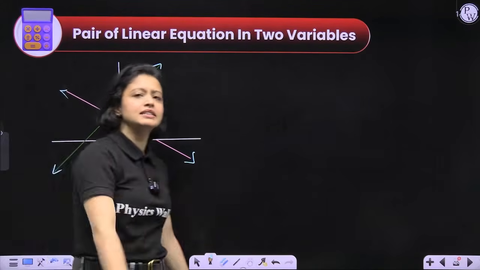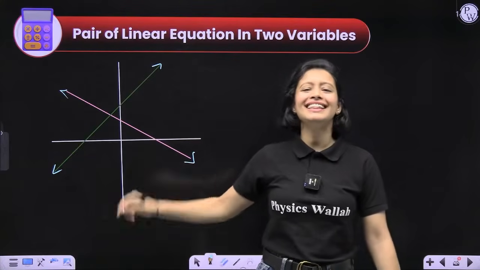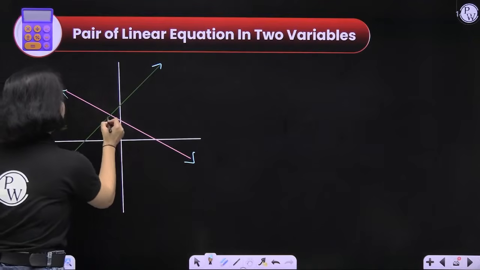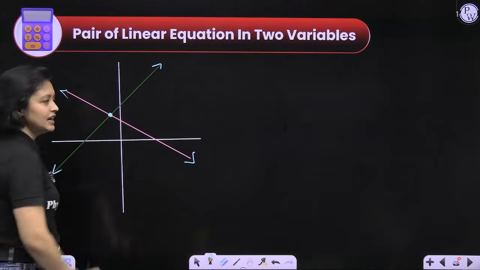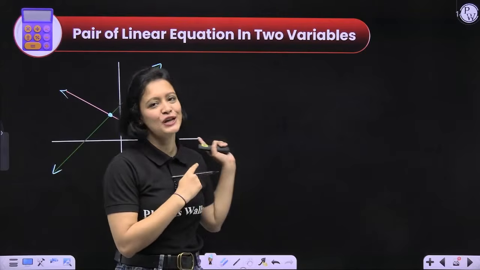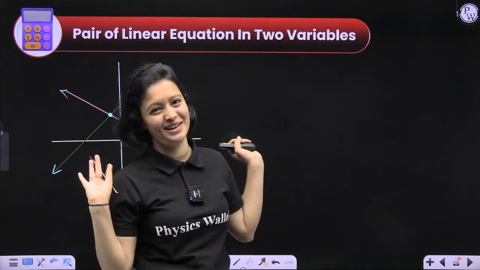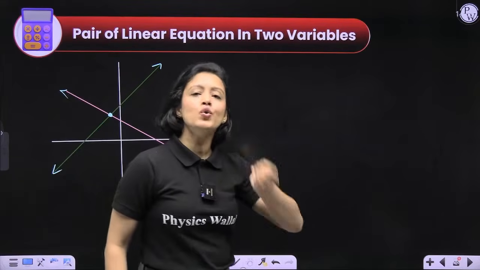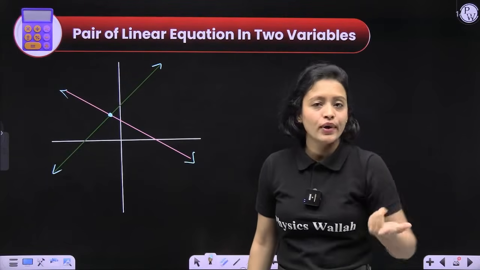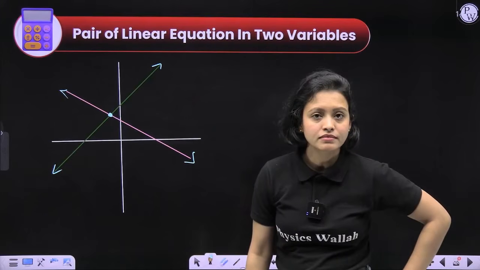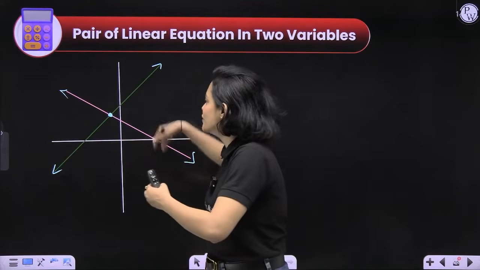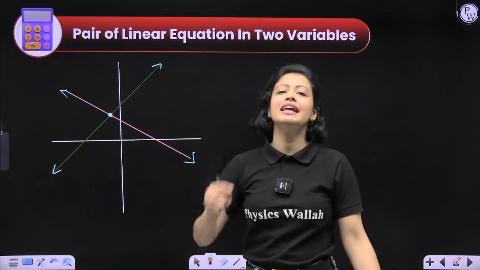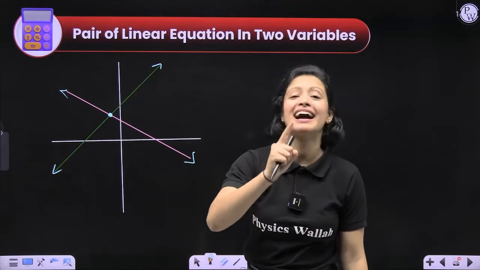The first case is, like we saw earlier, that the lines are intersecting. For example, here the lines are intersecting at this point, right? And we already know that this is the solution of the pair of linear equations in two variables. Now, one more question, guys. Can two lines intersect at more than one point? Is that possible? No, right? Two lines, if they intersect, will only intersect at exactly one point.